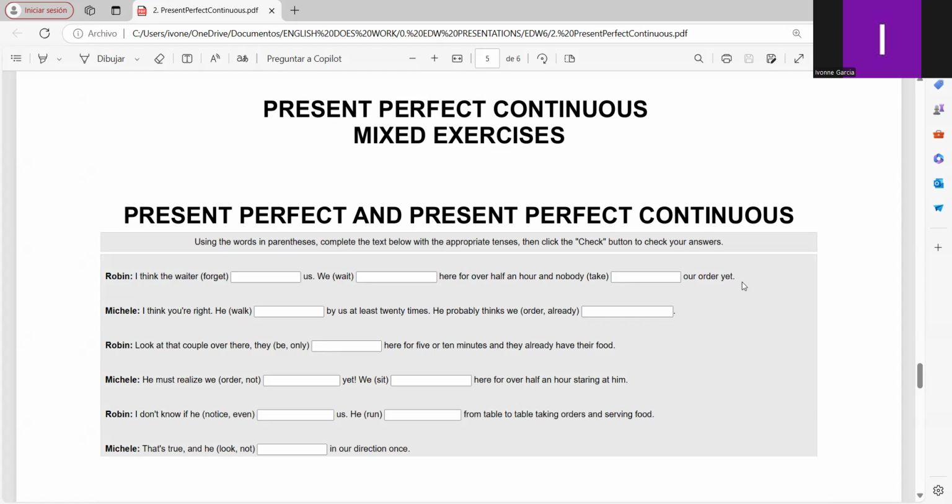So Michelle now says, okay, I think you're right. He walked by us at least 20 times. He probably thinks we ordered already. So please think a little bit.